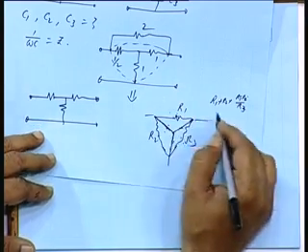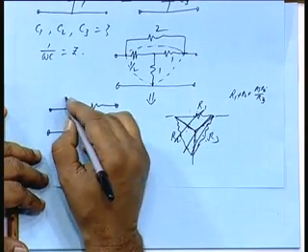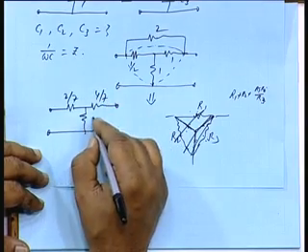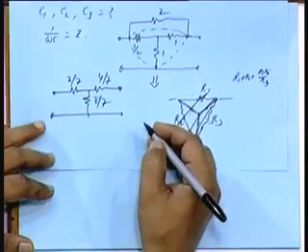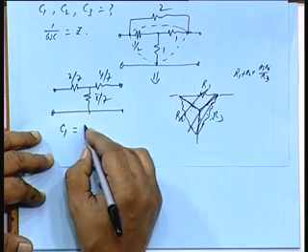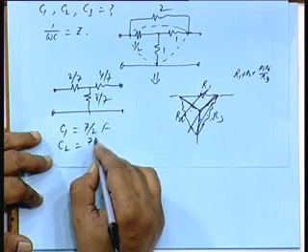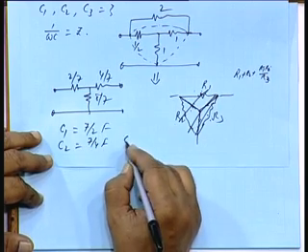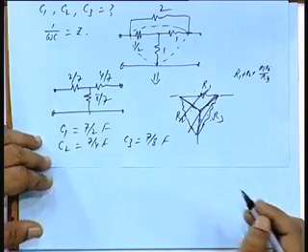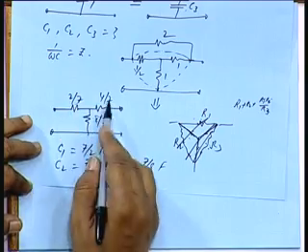So, this one comes out to be 2 by 7, 4 by 7 and 8 by 7. So, what is the value of C1? 7 by 2 farads, C2 7 by 4 farads and C3 will be 7 by 8 farads. Is that all right? So, these 3 elements are just inverse of these resistances.